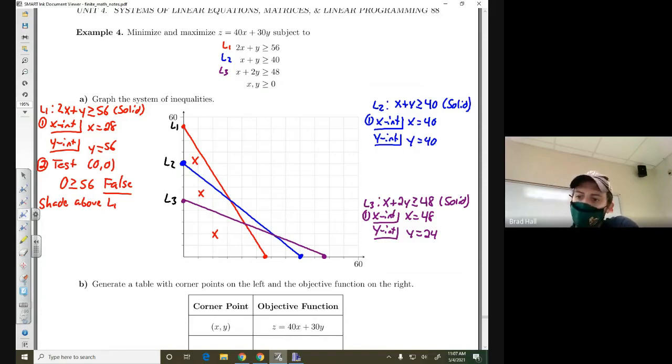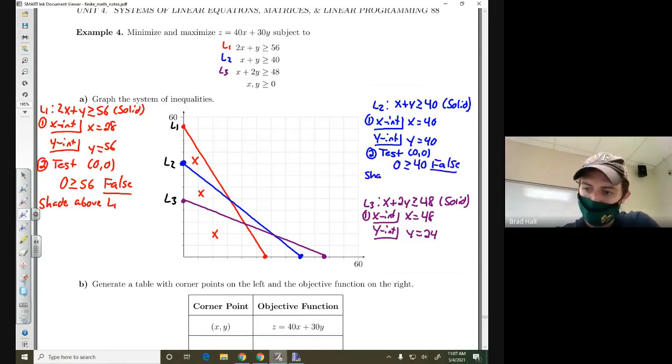What about L2? Let's go ahead and test 0, 0 for the second line. And when you plug in 0 for x, 0 for y, you get that 0 is greater than or equal to 40, which is a false statement. So we would, once again, shade above L2. So we don't shade below L2, which would get rid of that region and that region that I just X'd out.